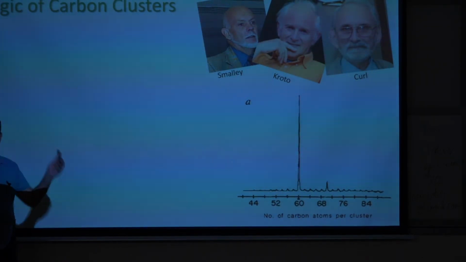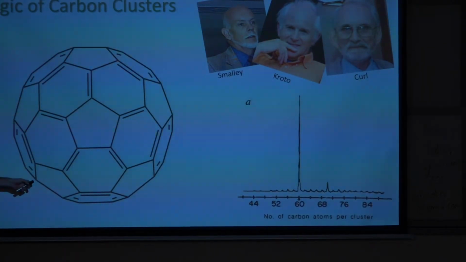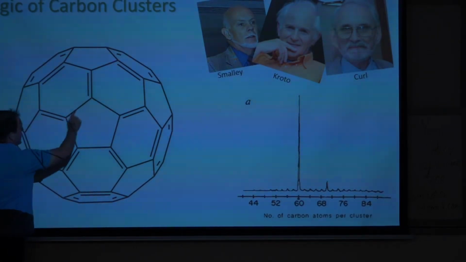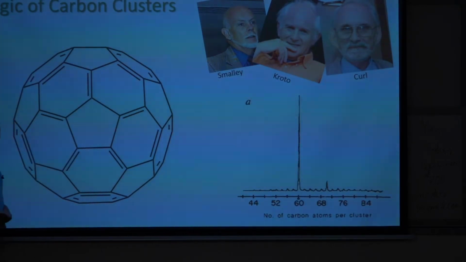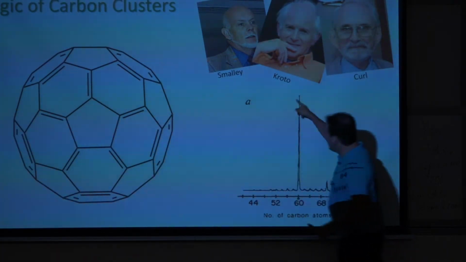That's called sp3 or sp2 hybridization for chemists. So let's see, if every atom has 3 neighbors, what kind of structure can we make? He started drawing and he ended up with this structure over here. The nice thing is every atom really has 3 neighbors, and if you count the number of atoms in total, you get 60, which is what he saw in the experiment.